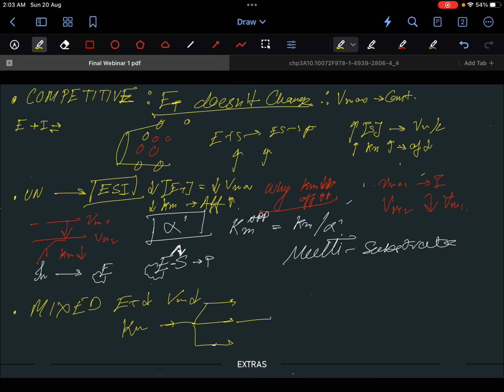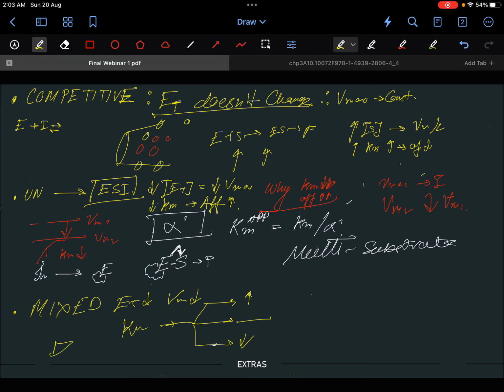If competitive inhibition is trying to pull the Km to higher values, so if alpha is greater than alpha dash, that is, the effect of competitive inhibition is greater than uncompetitive inhibition in mixed inhibition, then the Km will increase, and the reverse is the same. If uncompetitive is a downward pull, I will say, not biologically correct, but I'm just giving a visual.